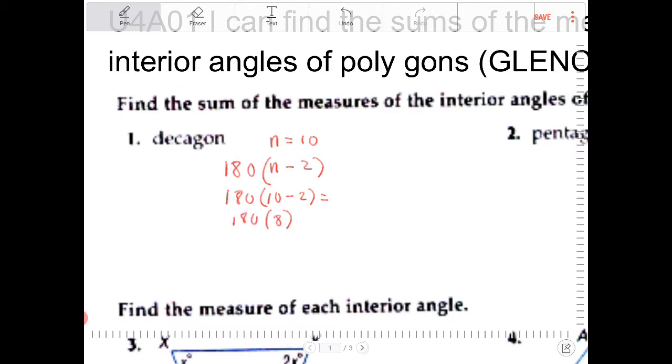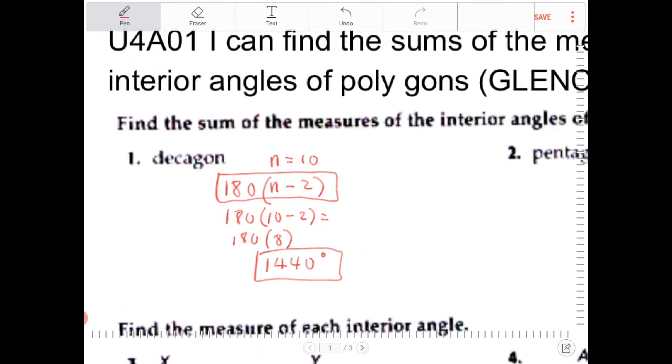And what is that? That's 1440 degrees. If you're wondering where this formula came from, please do check out the video on lesson U4A01, or just read the lesson, because the slides spell it out pretty clearly as well.